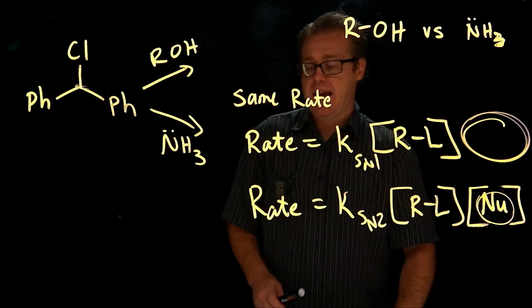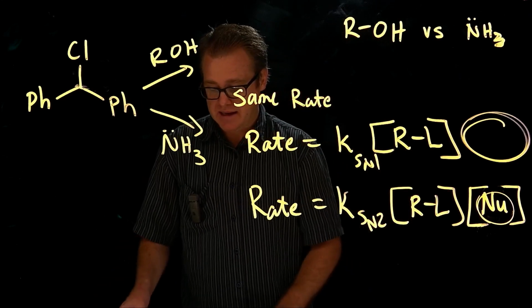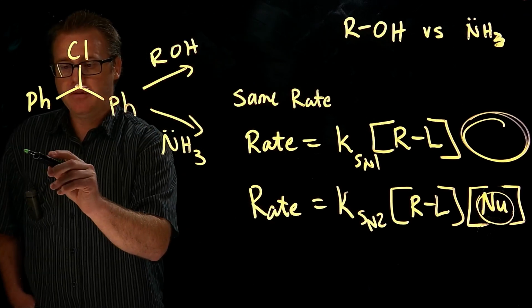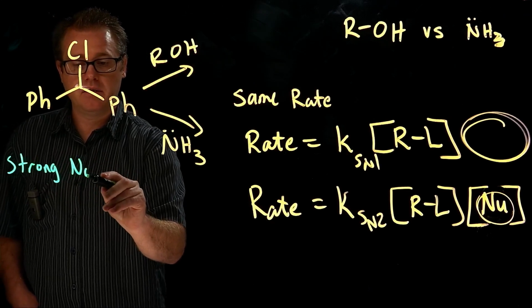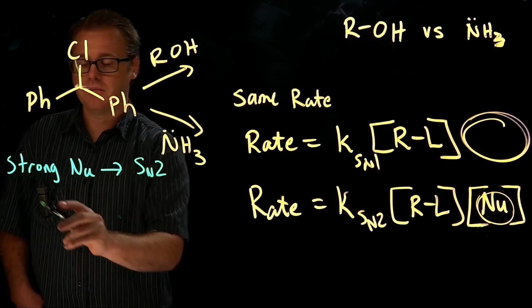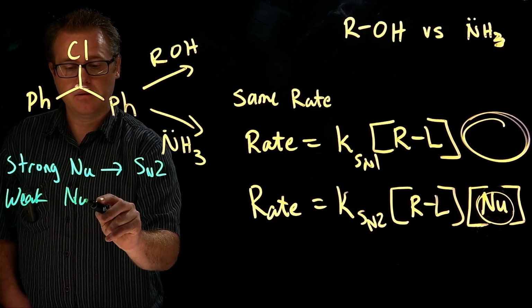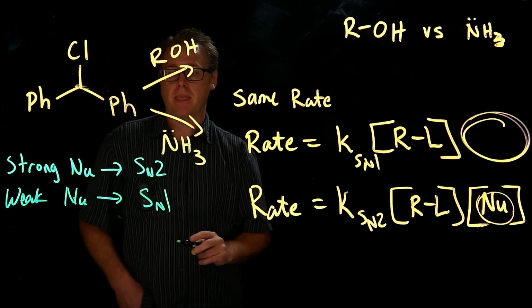So what we can say in conclusion for this concept of attacking species strength is that if you have a strong nucleophile, that's going to favor SN2. And if you have a weak nucleophile, that's going to favor SN1.